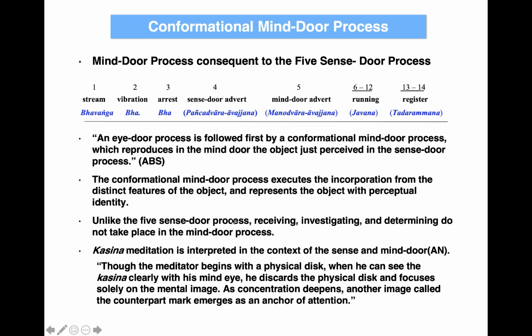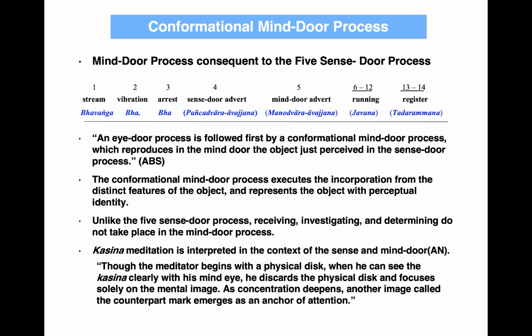Kasina meditation is interpreted in the context of the sense and mind door process. Though the meditator begins with a physical disc, when he can see the kasina clearly with his mind's eye, he discards the physical disc and focuses solely on the mental image. As concentration deepens, another image called the counterpart mark emerges as an anchor of attention.